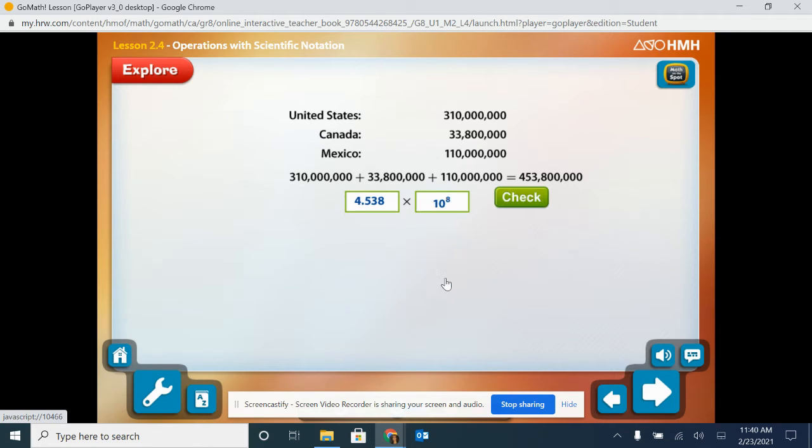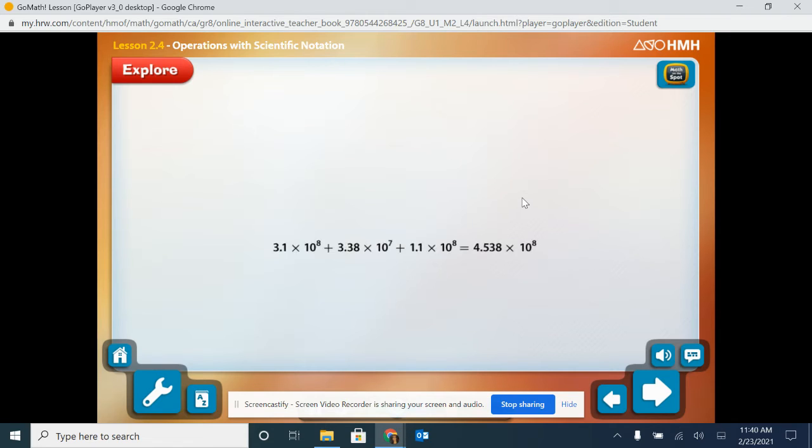So it's going to be 10 to the 8th power. Okay? That's right. The sum in scientific notation is 4 and 538 thousandths times 10 to the 8th power. Using this method, the total population of these 3 countries is 4 and 538 thousandths times 10 to the 8th. Any questions, please email me.